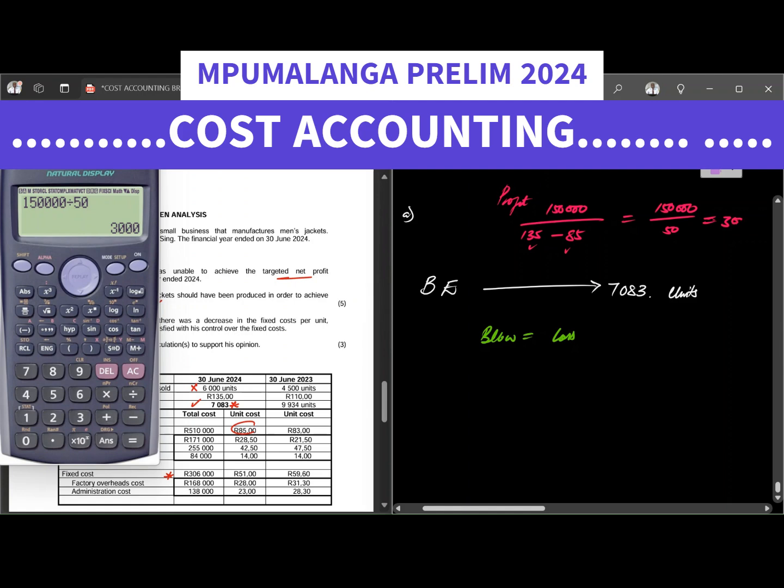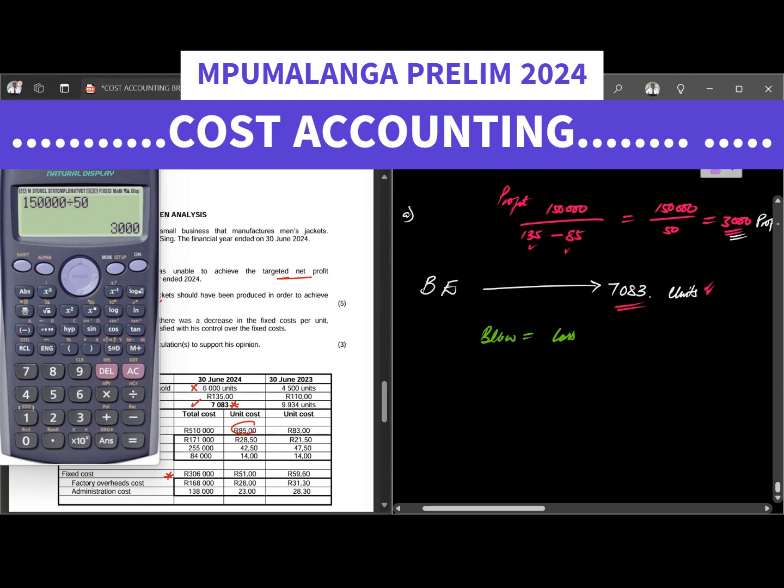In other words, I achieve break-even point at 7,083, and I can only realize this profit if I make 3,000 more units.